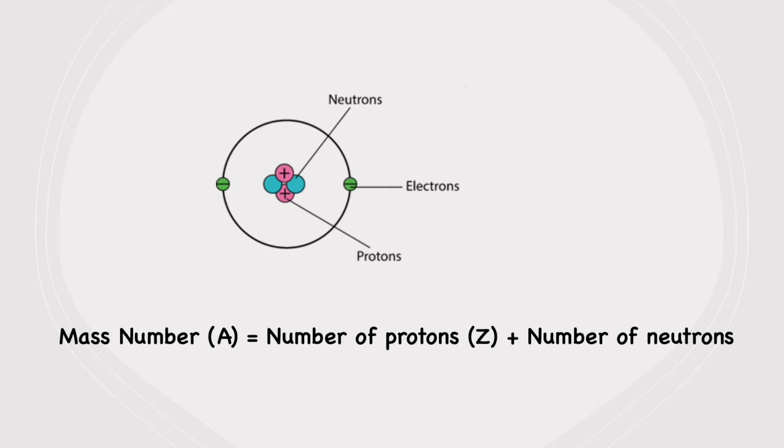For the unknown atom X, the proton number or the atomic number is denoted in the top left corner, and the mass number, the number of protons and neutrons together, is given in the bottom left corner. Here, the atomic number is given as Z and the mass number is given as A.